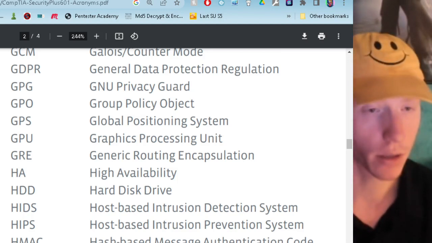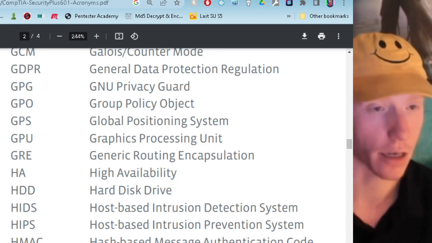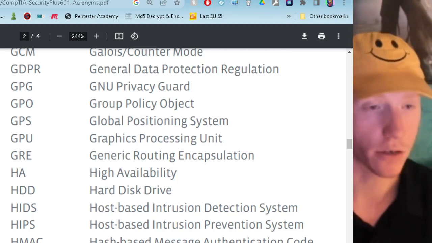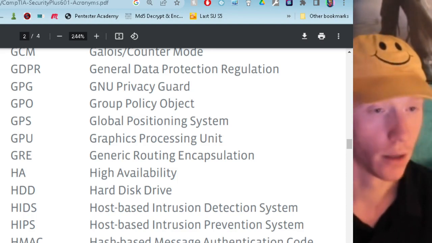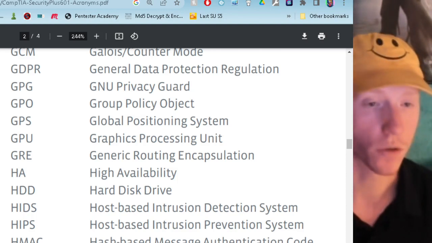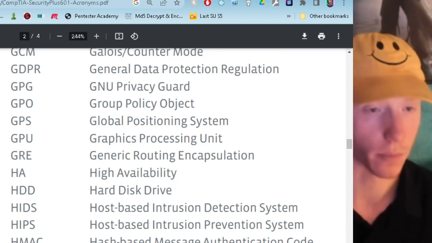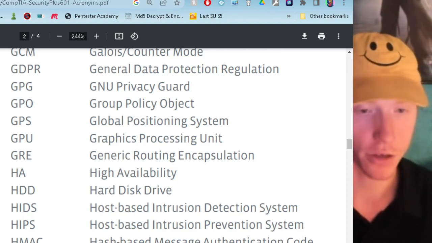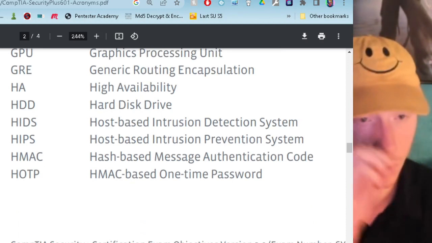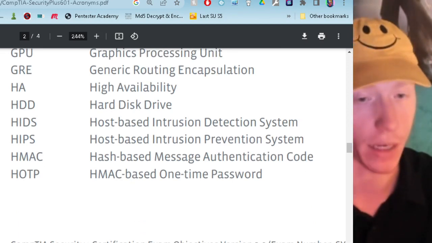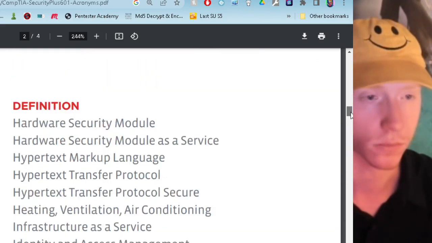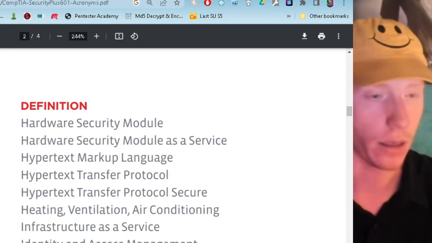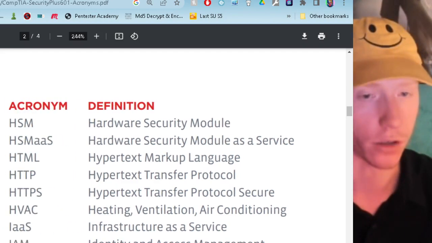GRE, Generic Routing Encapsulation. HA, High Availability. HDD, Hard Disk Drive. HIDS, Host-Based Intrusion Detection System. HIPS, Host-Based Intrusion Prevention System. HMAC, Hash-Based Message Authentication Code. HOTP, HMAC-Based One-Time Password. HSM, Hardware Security Module.